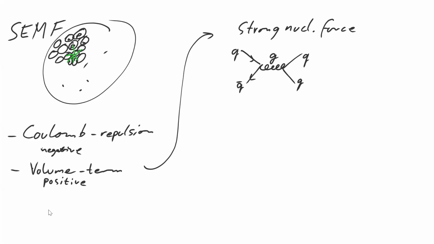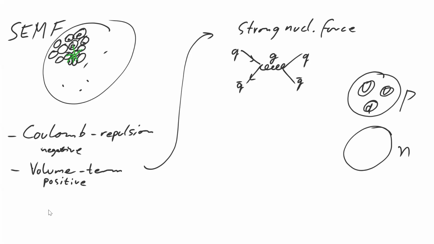Okay, and that's at a quark level what's going on. Now, protons are made of two up and a down quark, and neutrons are made up of one up and two down quarks, and they have these gluons going back and forth between them, if you like.